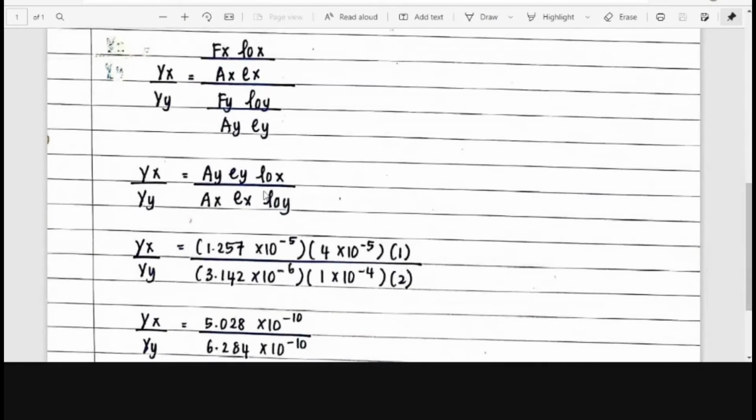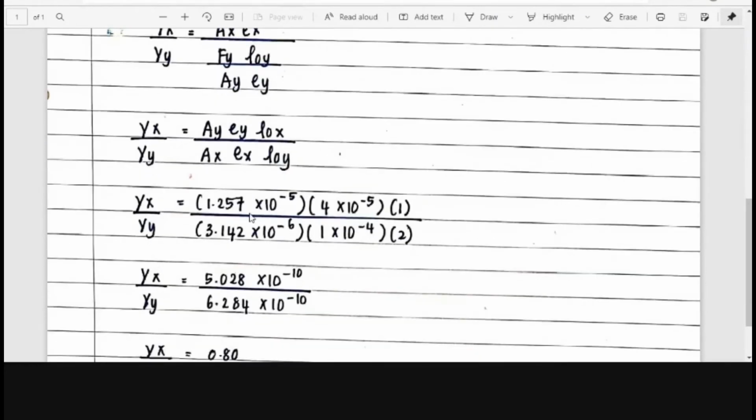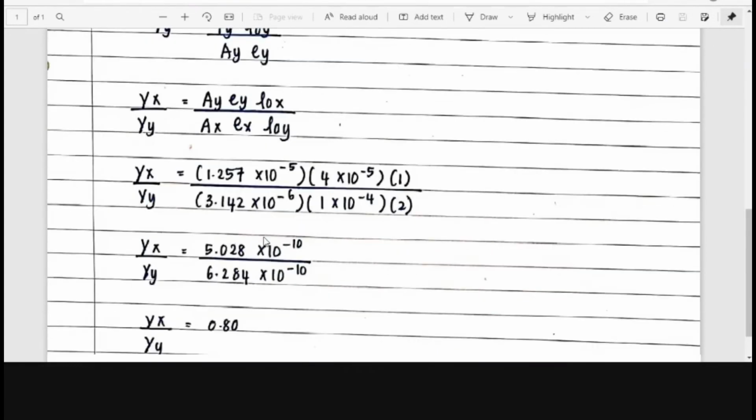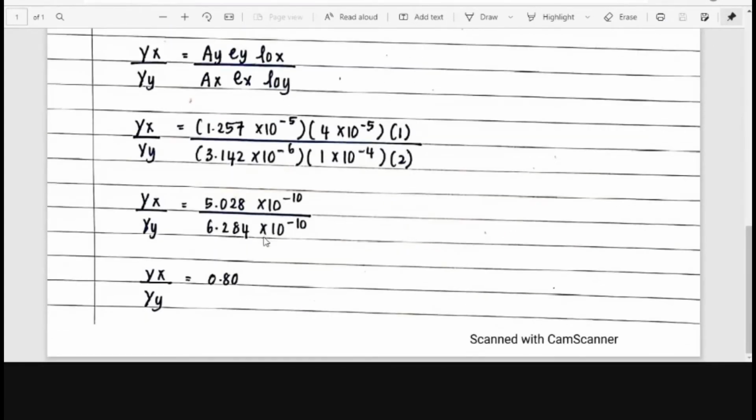Then kita masukkan formula ni yang daripada atas tadi tu. Area Y, extension Y dengan L0 X bahagi area X, extension X dengan L0 Y. So kita bahagi, kita dapatlah ratio dia 0.80. Okay, very good, very good.